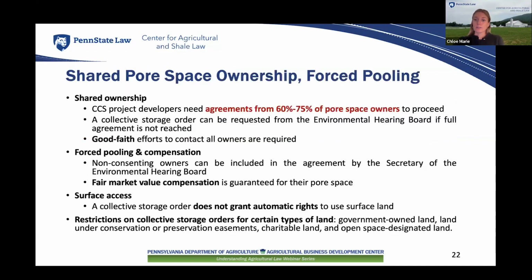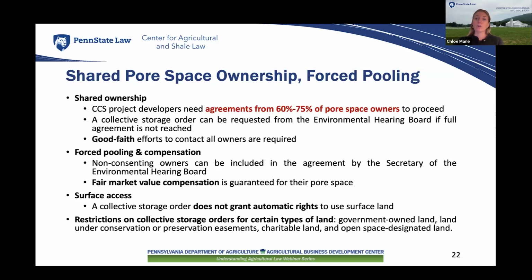Now this section addresses situations where pore space is owned by multiple people. CCS project developers must negotiate with the pore space owners for permission to use the space. If they cannot reach an agreement with all owners, they are still allowed to proceed if they have agreements from at least 60 to 75% of the owners.